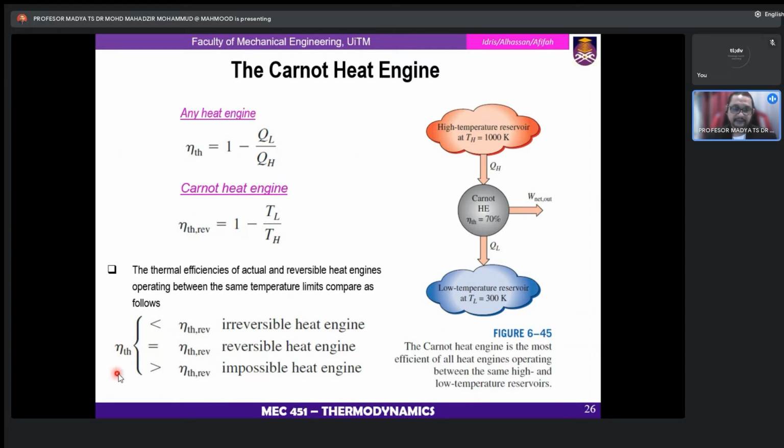But when the thermal efficiency is greater than that of the reversible heat engine, this is an impossible heat engine.